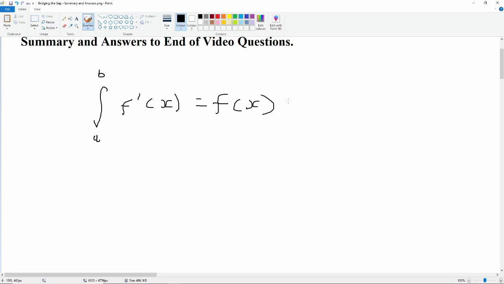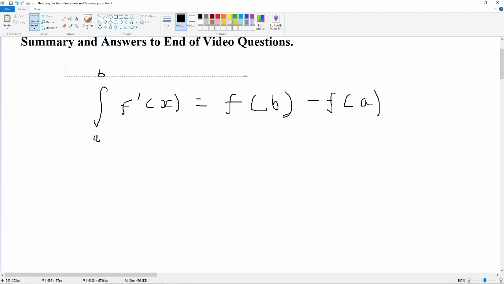Oh, I should have said that the indefinite integral is f of x plus c. Forgot to say that. And the definite integral, and that's pretty much what we've covered. Okay, I hope that was helpful.